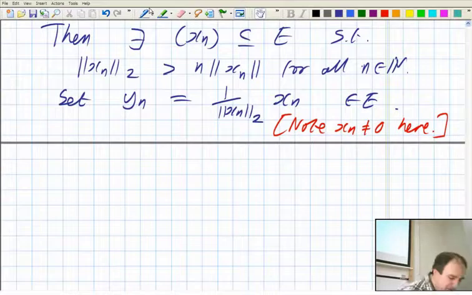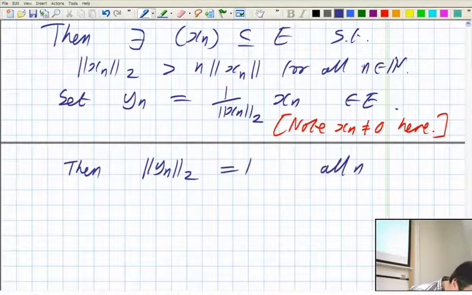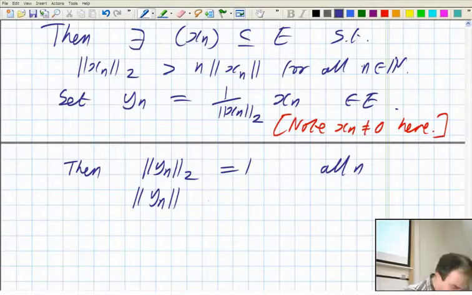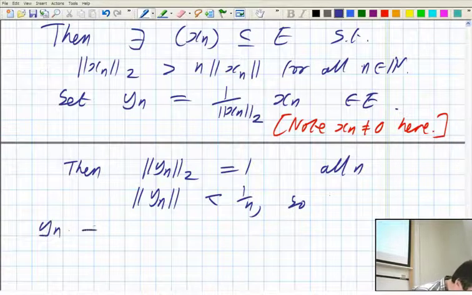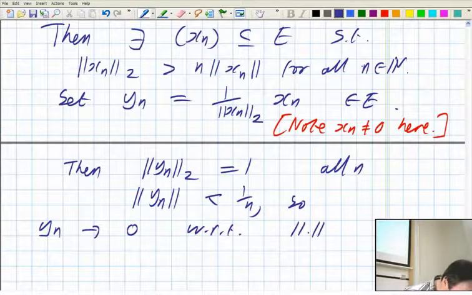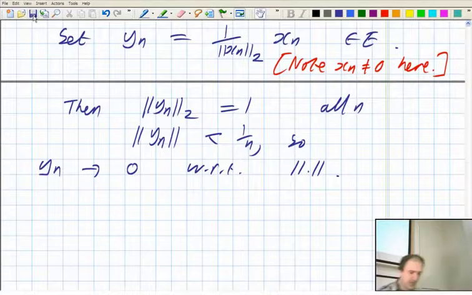So two things happen, just like in last lecture. We've got norm yn2 is equal to 1 for all n, and norm yn without the 2 is less than 1 over n. So yn tends to 0 with respect to norm. But all of the norm yn2s are 1.